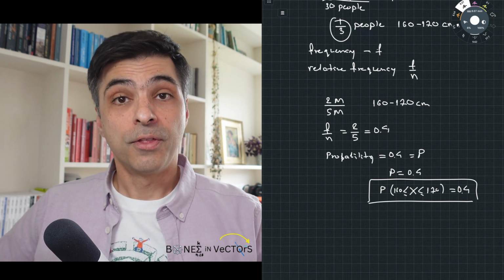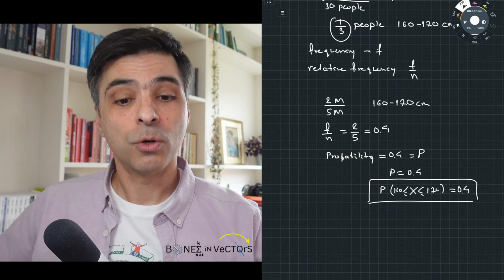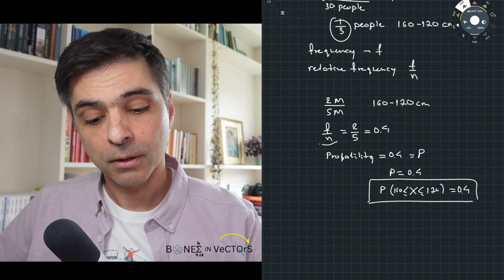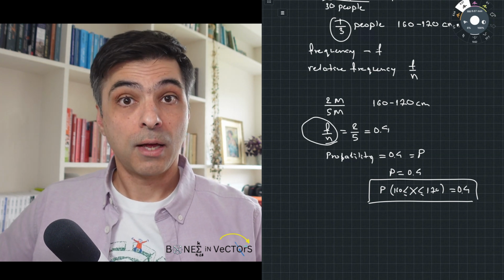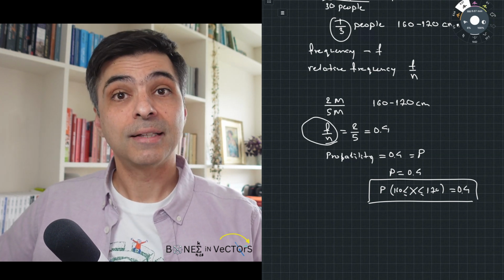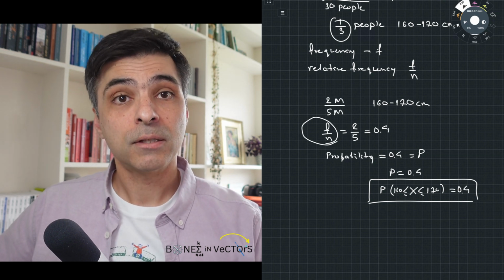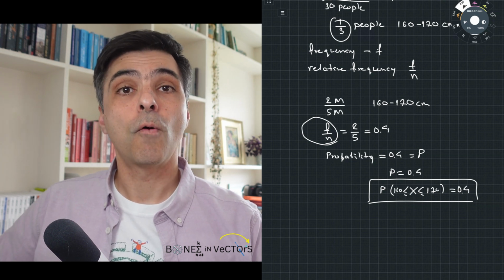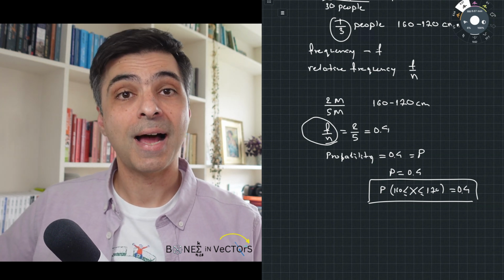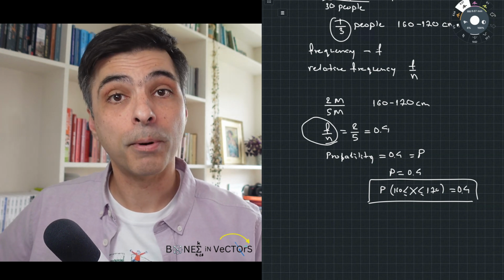So, the probability of something happening is what its relative frequency is when the sample size tends to be larger and larger. In mathematics, we call this a limit. So the limit of the relative frequency as the sample size approaches infinity is the probability.